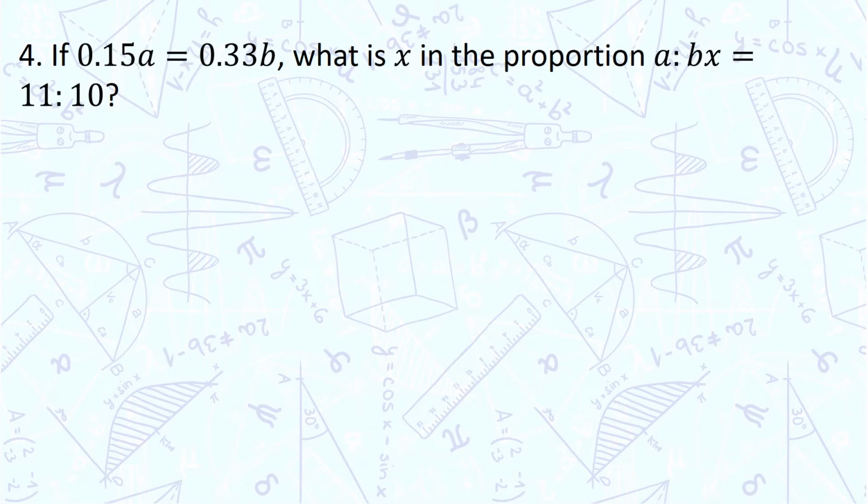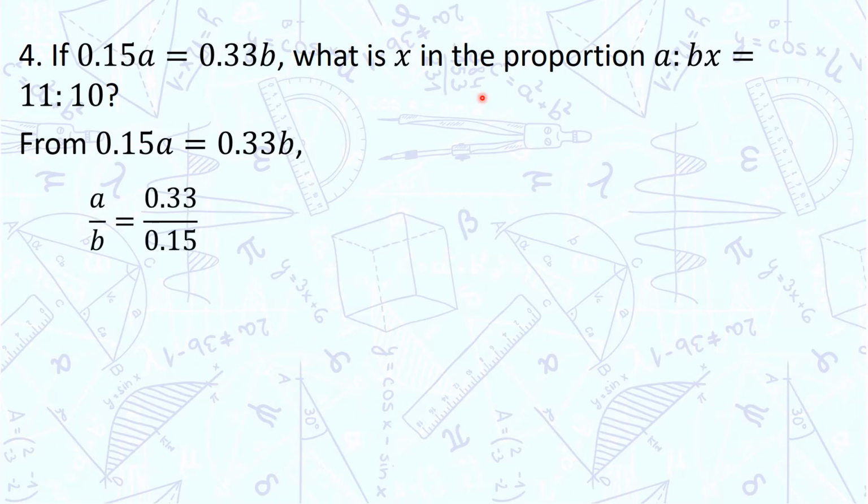Question number 4. If 0.15a equals 0.33b, what is x in the proportion a to bx equals 11 to 10? Let us begin with the first equation. 0.15a equals 0.33b.